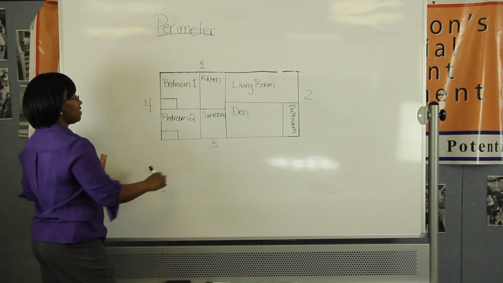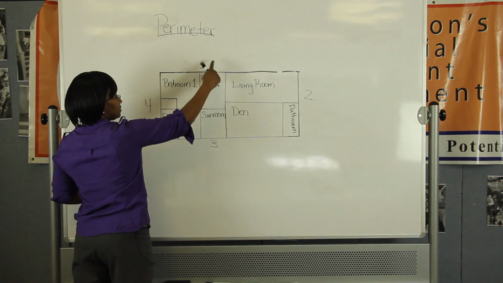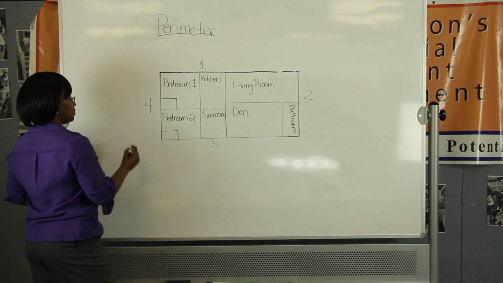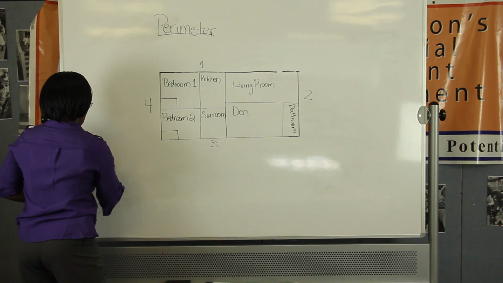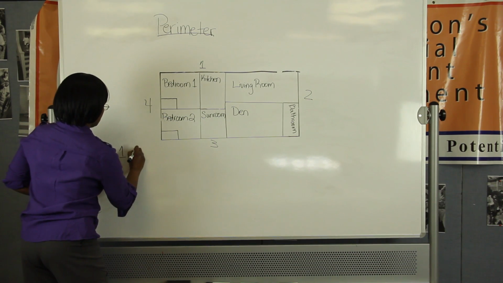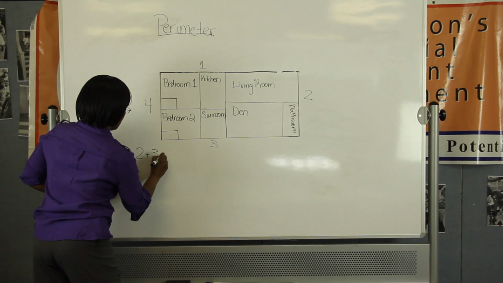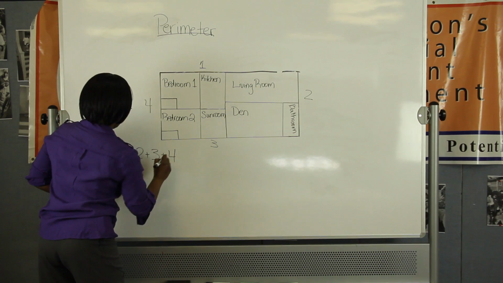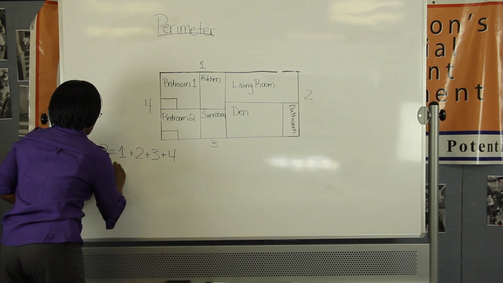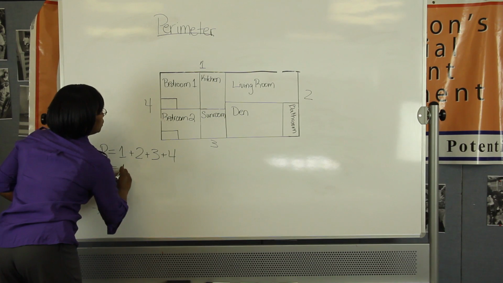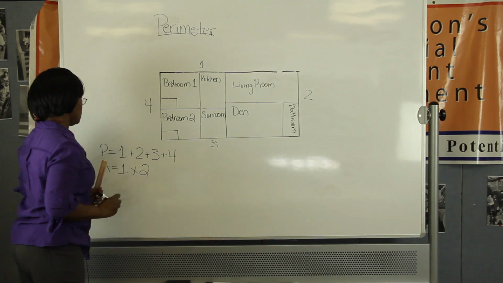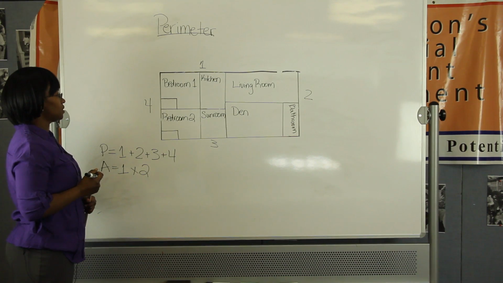So once you have one of the lengths and one of the widths, you can come up with the area. So let's say the perimeter is 1 plus 2 plus 3 plus 4, the sides. And the area would be, let's use 1 times 2. And you will come up with those.